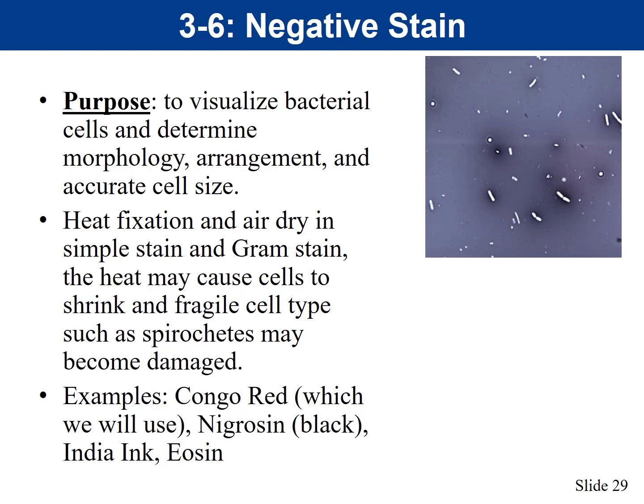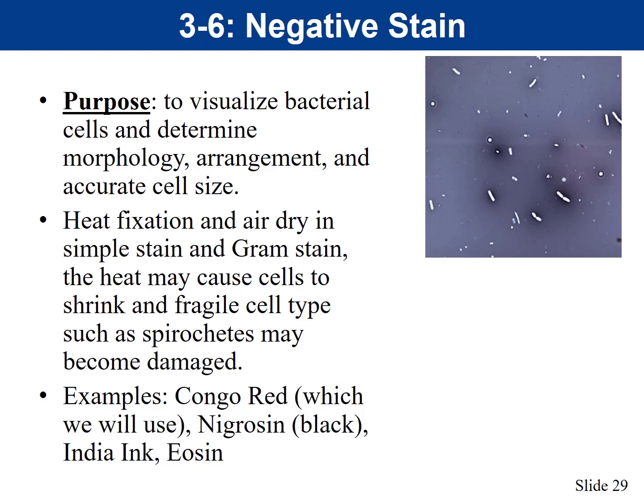Now, you did your gram stain, and one of the things we did in our gram stain was a heat fix step, meaning that you put your bacteria on your slide, allowed that slide to air dry, and then once it was dry, you did a heat fix by passing the slide through the flame 3 times.